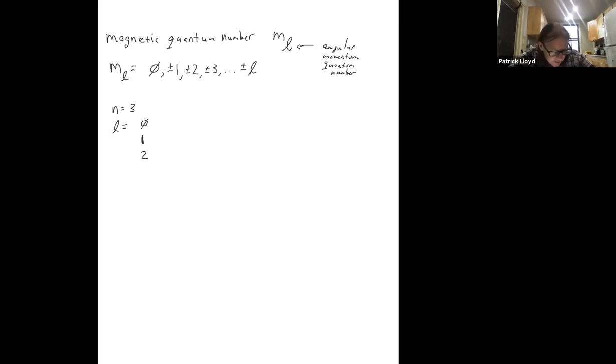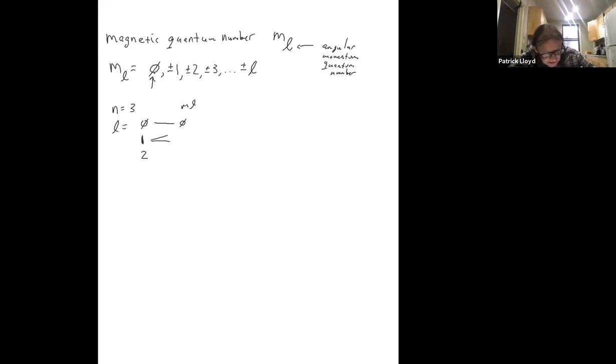Okay, so if L is equal to 0, that's the first case, then M sub L is limited by 0, right? L is 0, so M sub L can't go beyond that. So it would have to be 0. Only one possibility if L is equal to 0. But if L is equal to 1, here's what happens.